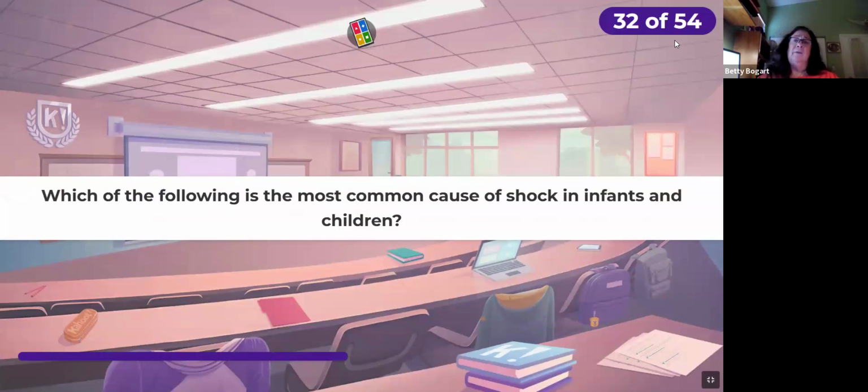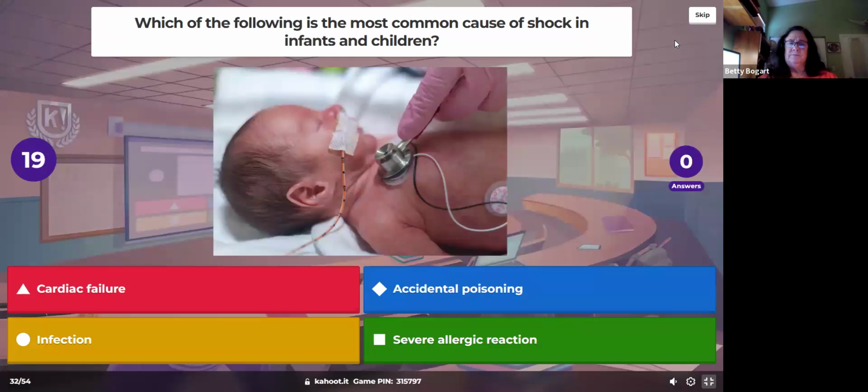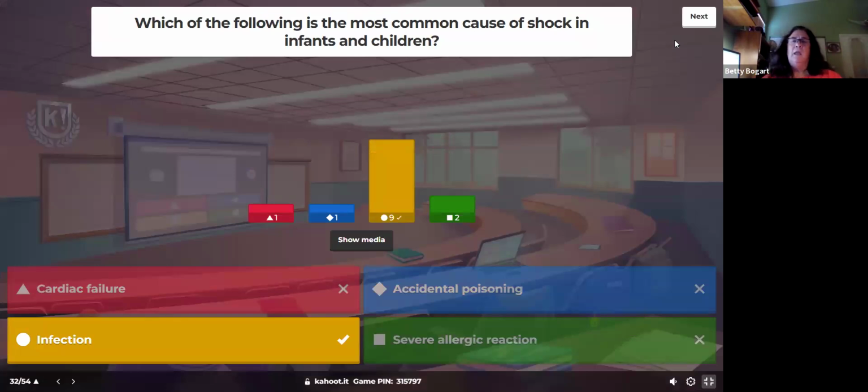Which of the following is the most common cause of shock in infants and children? And it's sepsis infection.